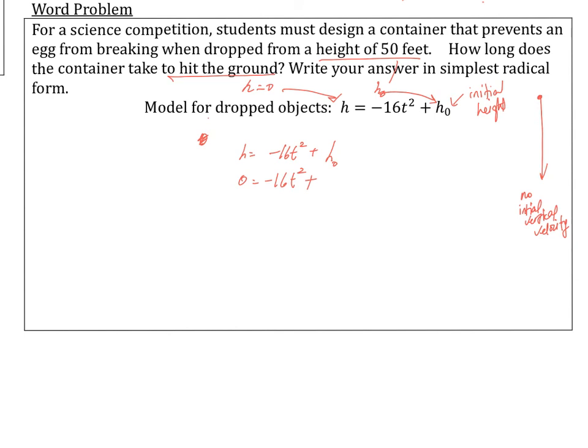And we can substitute the initial height of 50 for h sub 0. And now I'm ready to solve for t because I need to find the final time.